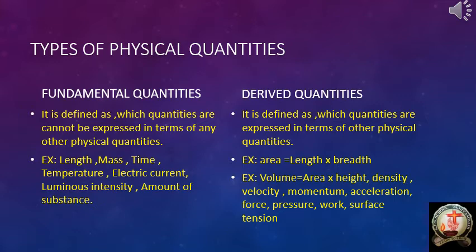Time. This is also one of the basic quantities, like temperature, electric current, luminous intensity, and amount of substance. These are the examples of the fundamental physical quantities. Why are we calling these particular ones the fundamental quantities? Because these are the basic quantities of any substance.